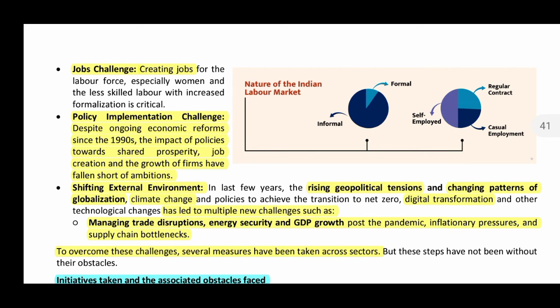So it creates a problem in which there is no continuity in the job. If jobs are created, then growth is possible.